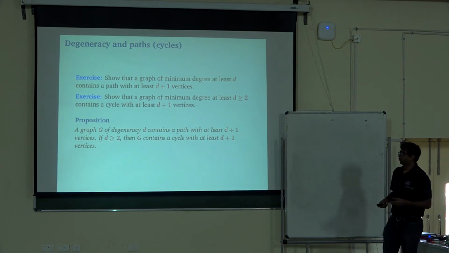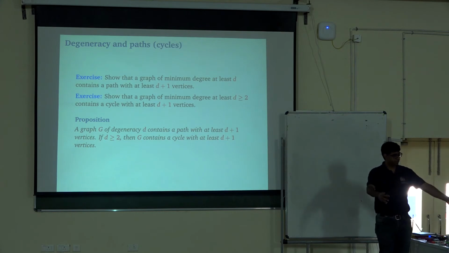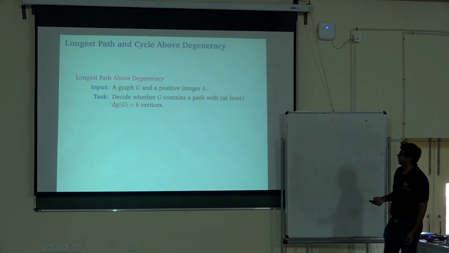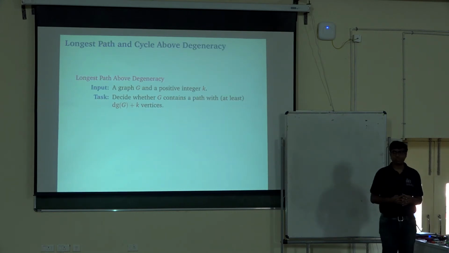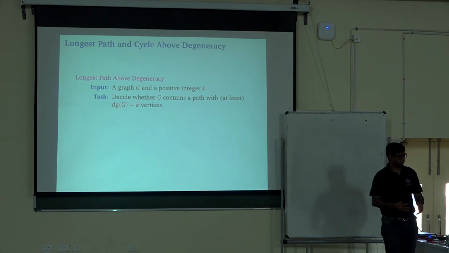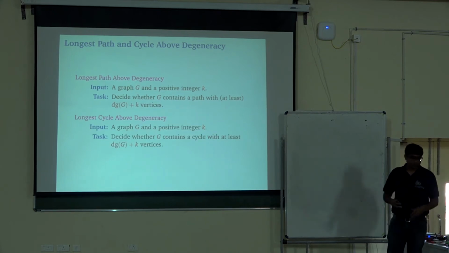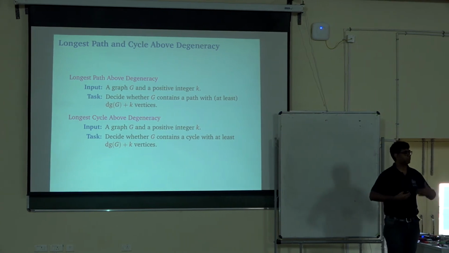So what is the natural question we should try to ask? If I say here is the graph G, can you give me a path which has at least how many vertices? Degeneracy of this graph plus k, because I'm guaranteed to have a path of length the degeneracy. I can also ask the same question about degeneracy with respect to cycle.